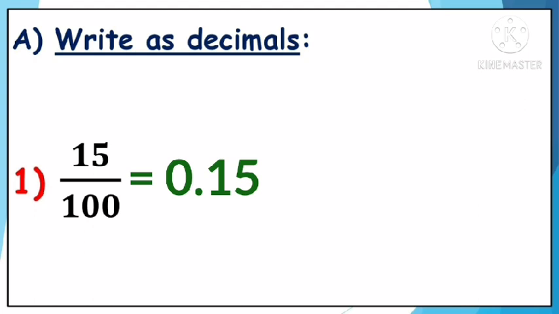Yes, here we don't need to add any zeros after the decimal point, as the number of zeros and the number of digits in the numerator is equal. So 15 by 100 is represented as 0.15. Okay. Now let us go to the second fraction.